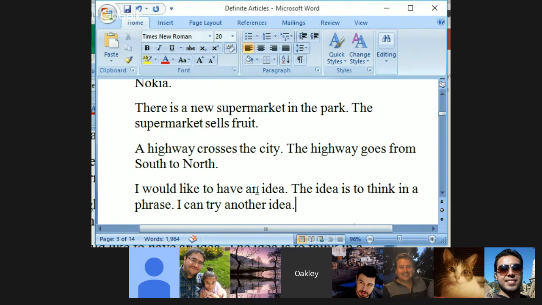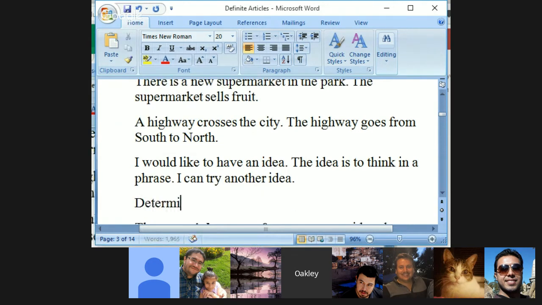By the way, if you are using other determiners, you need no article. A little side note here. Martin, do you know what determiners are? Can you give me an example?